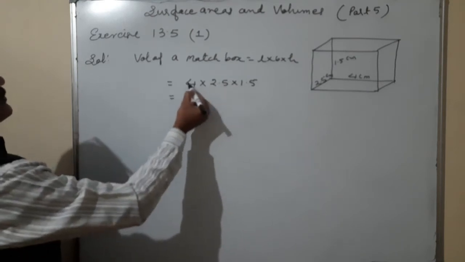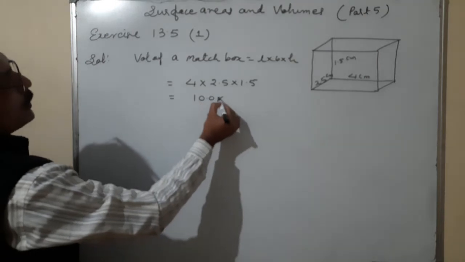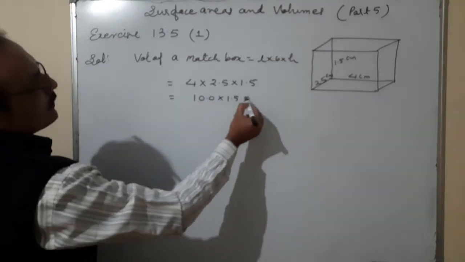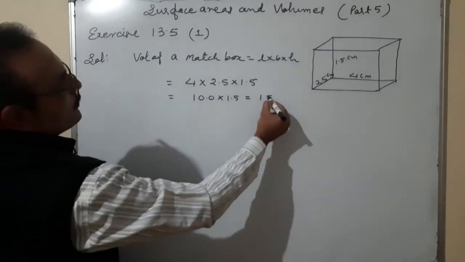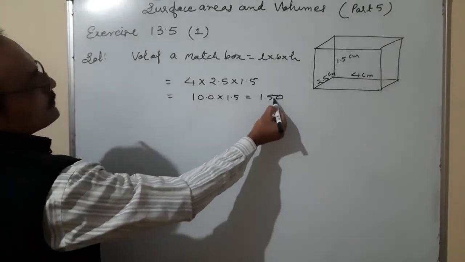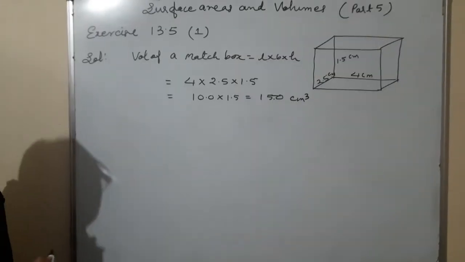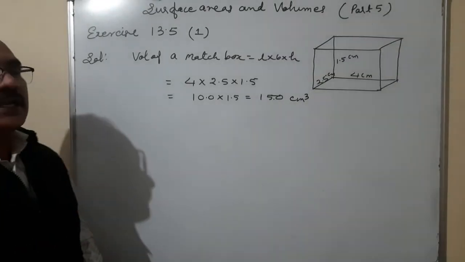Multiply: 25 4s are 100, 10.0 into 1.5. 15 10s are 150, and after decimal there is one digit, so it is coming 15. And 15 is what? 15 centimeter cube. So volume of a matchbox is equal to 15 centimeter cube.